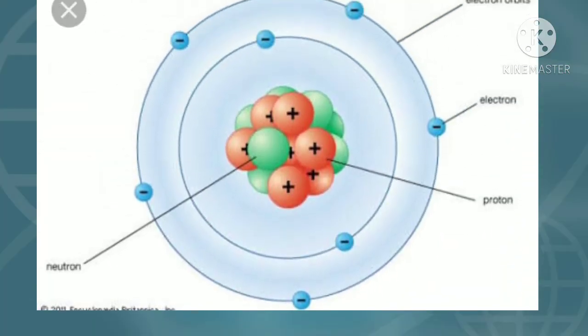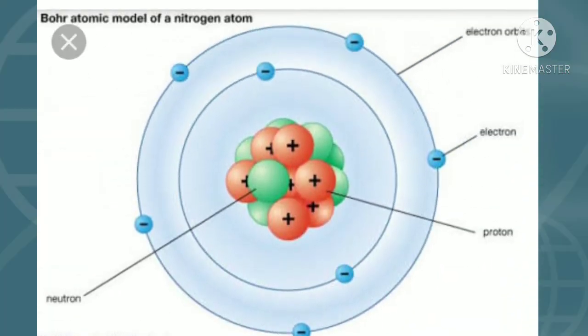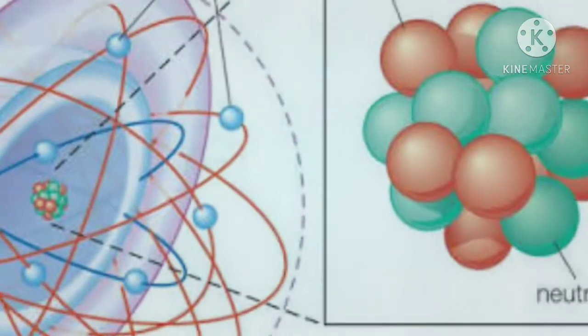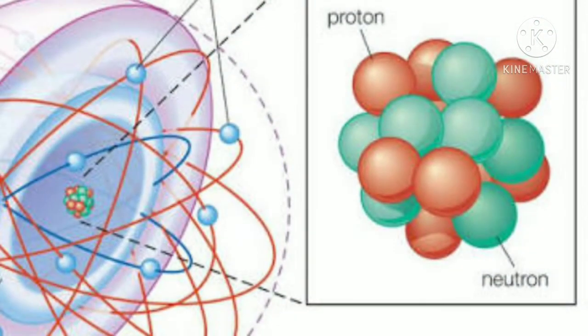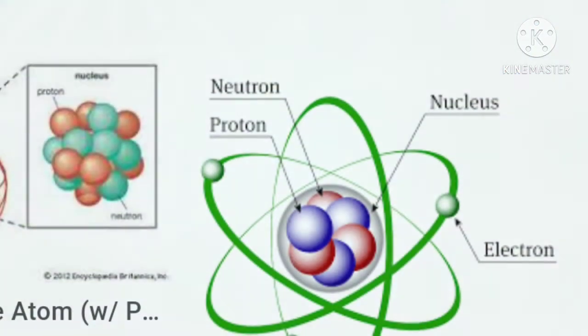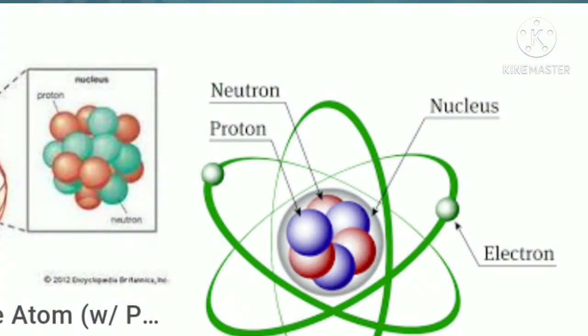Okay, now try to understand the basic atom model. An atom consists of protons, neutrons and electrons. The protons and neutrons form the nucleus of an atom and the electrons revolve around the nucleus in different orbits.